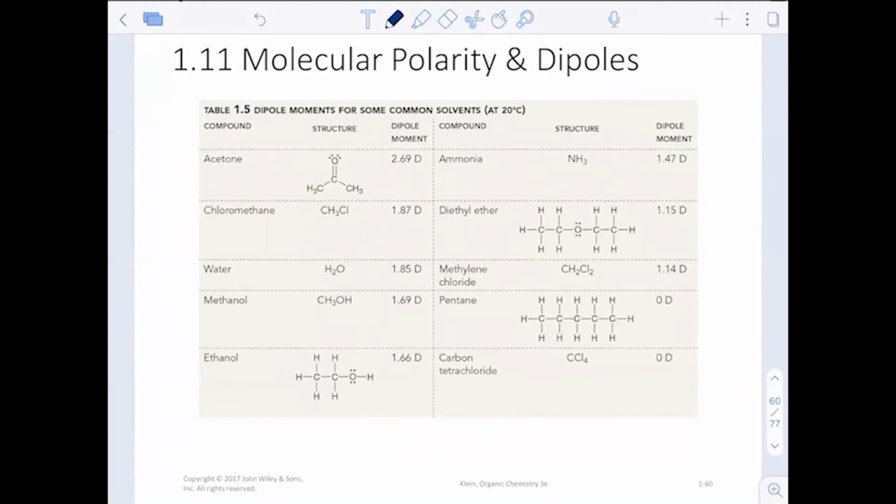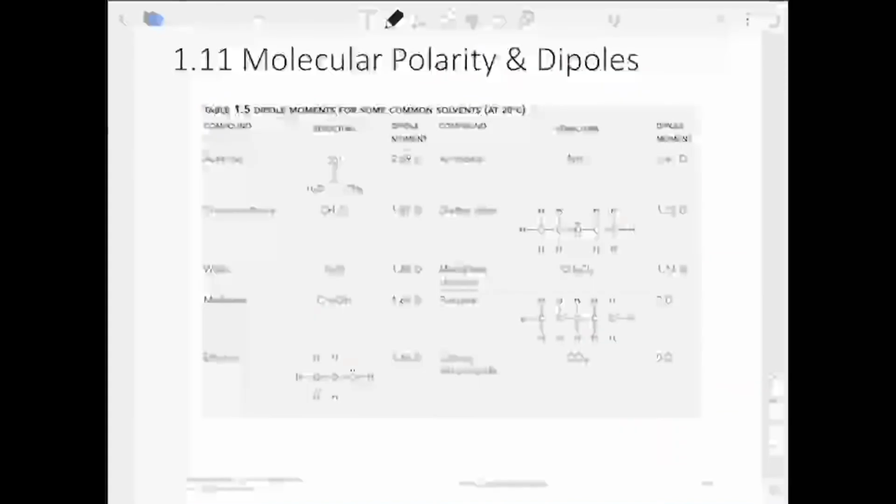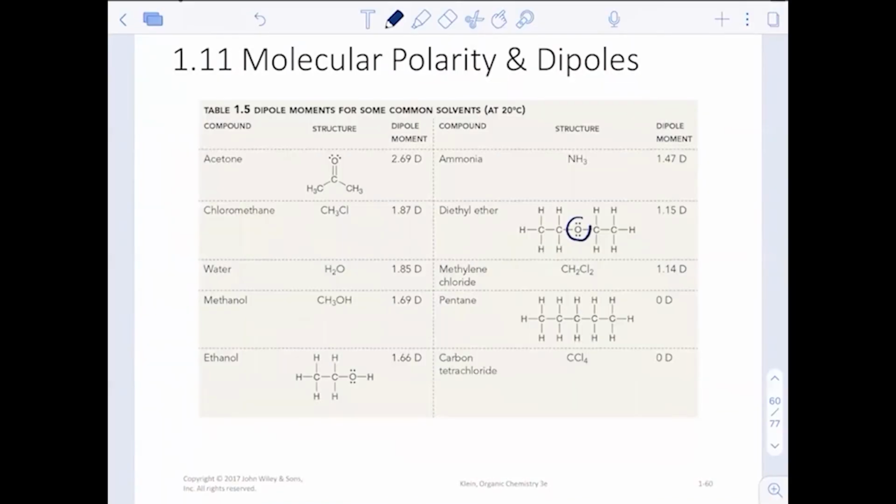Just a couple of polarity and dipoles that we can see. Here, these all have dipole moments. One to make sure you realize is that even though in the Lewis structure we would draw things like oxygen to carbon as linear here, remember this is bent. Geometry is important, right? Things like pentane, carbons to hydrogens, nonpolar, no net dipole moment.